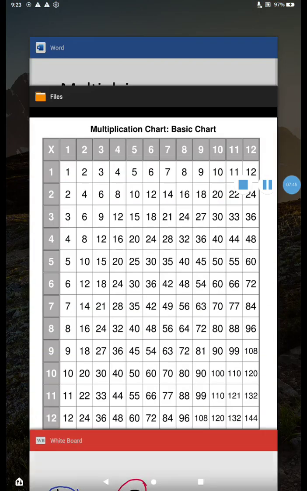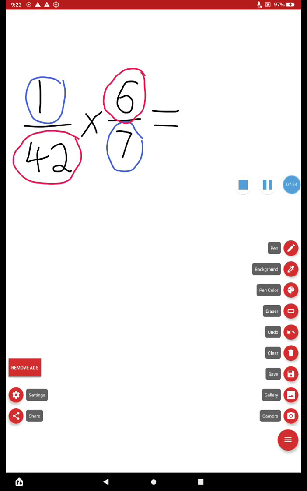Let's look at our tens charts. Let's go to 6. 42 divided by 6 is what? 7. 42 divided by 6 is 7. 6 divided by 6 is 1.